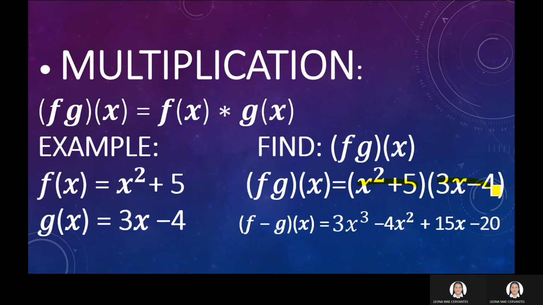Again, FOIL method, we have x squared times 3x, sorry. So we have 3x cubed. Next, x squared times negative 4. So we have negative 4x squared. Next, 5 times 3x. So 5 times 3 is equal to 15.